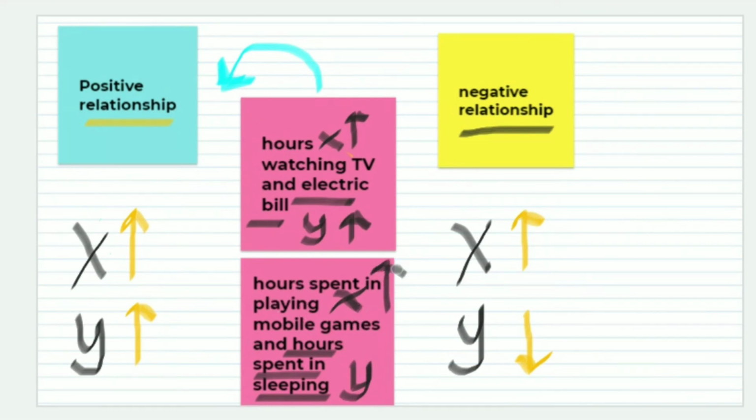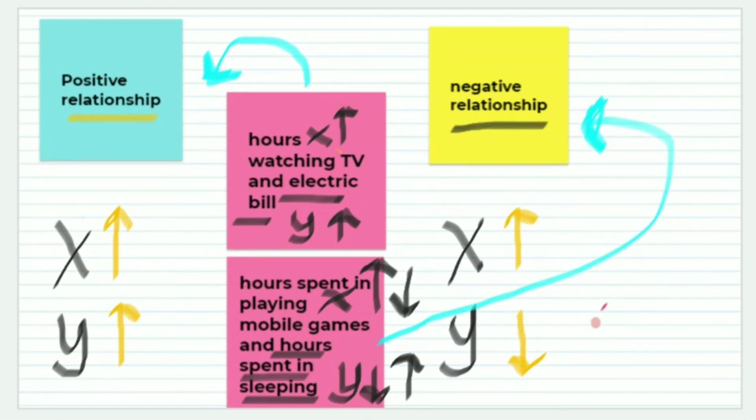You increase your playing, and then your sleep decreases. And if you don't have time for games, you have more time sleeping. So do they have the same direction? No, they have the opposite direction. Therefore, it is a negative relationship.